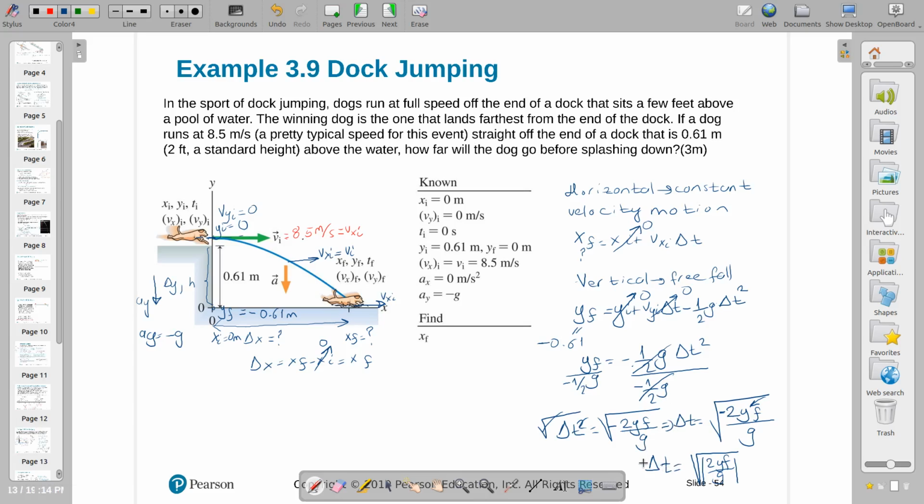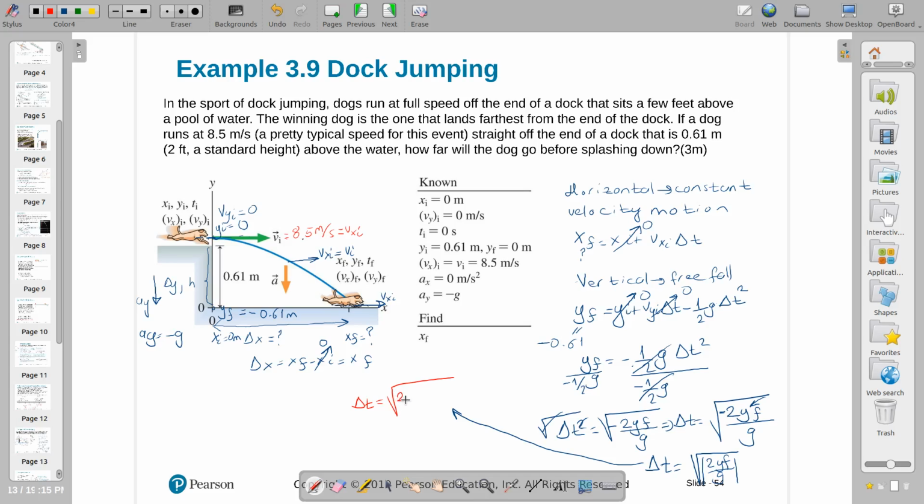Now I'm going to solve this over here and get delta t. Delta t will be equal to, now I'm entering the numbers, absolute values, so I'm not worrying about negatives. Again, if I insert this as negative, negative times negative will be positive, so I'll have a positive answer.